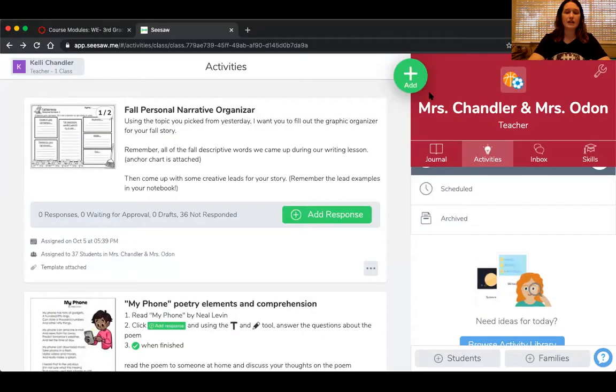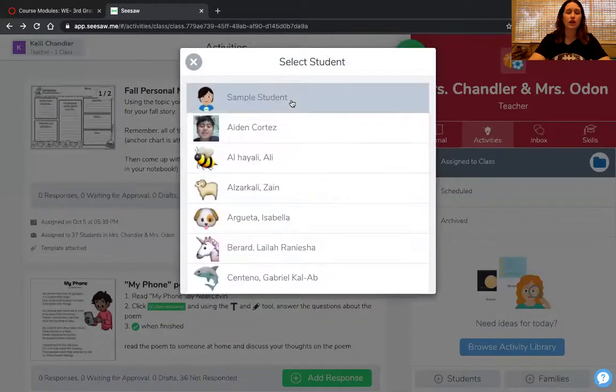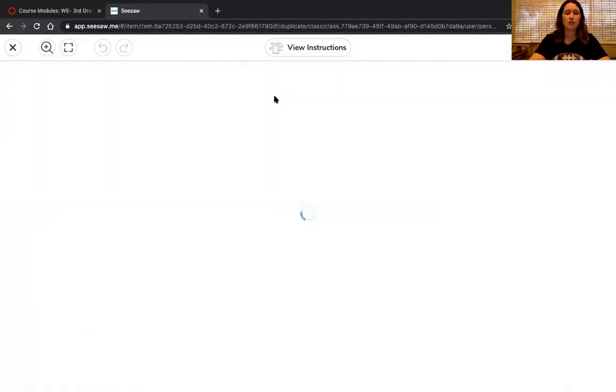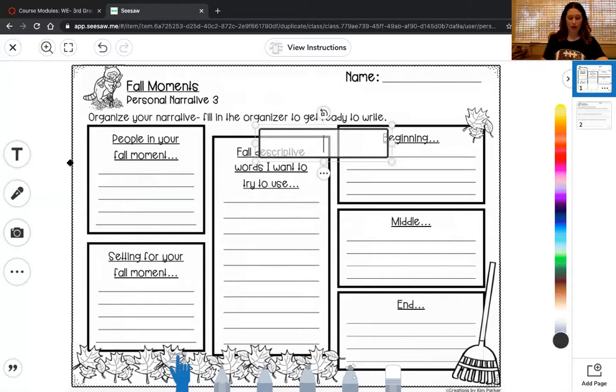In Seesaw, you will see I have this fall personal narrative organizer right here. You're going to hit your add response, clicking on the sample student. The first thing I need to do is make sure I know what my topic is going to be. So I'm going to write my topic at the top so I don't forget what it is.